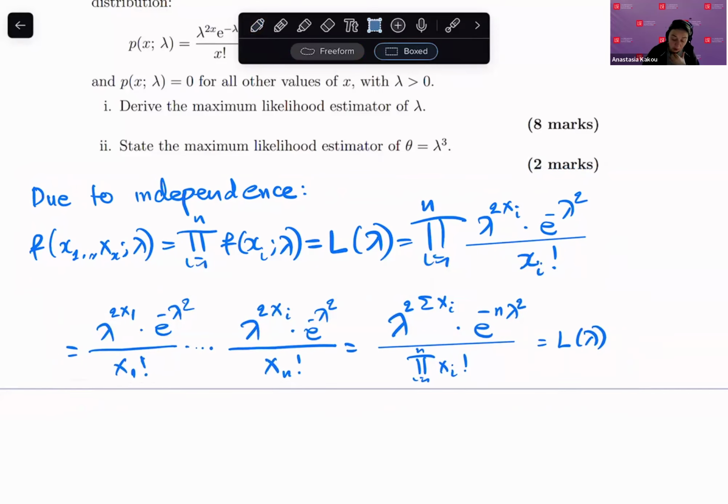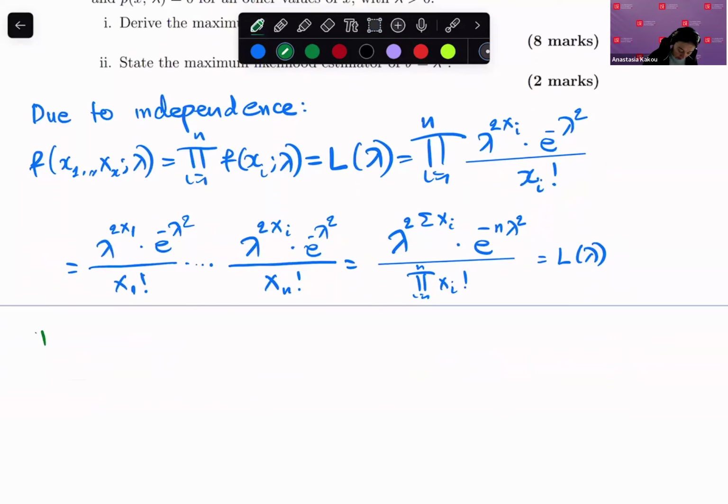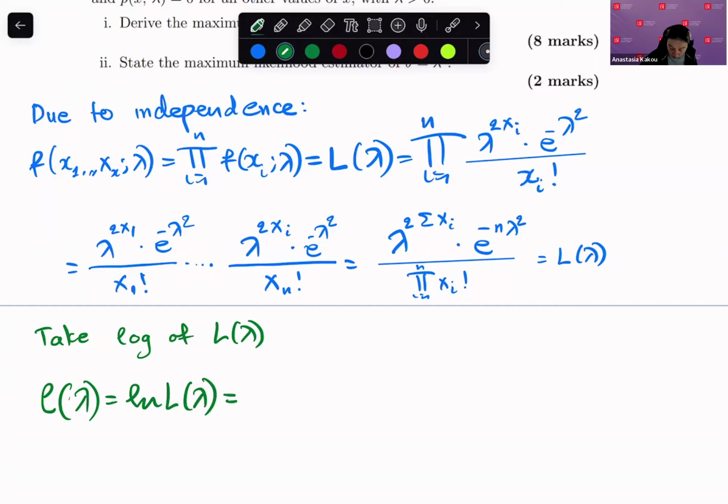And then how can we find the lambda that maximizes this function? The next step is to take logs, take the log of the likelihood function. So this is now L of small lambda, which is the log of the likelihood, and the property of the log is that it turns the product into summation.